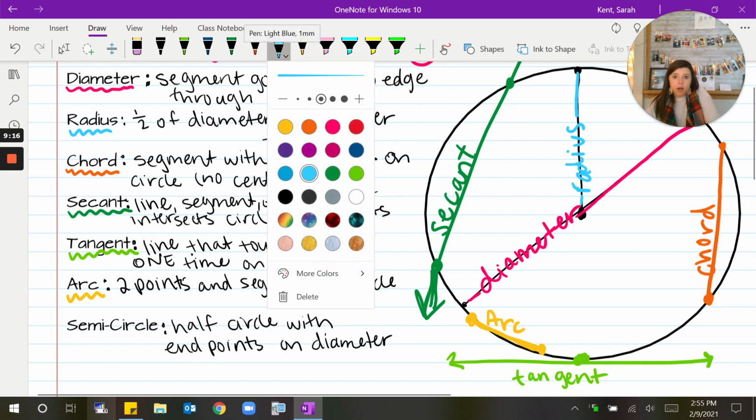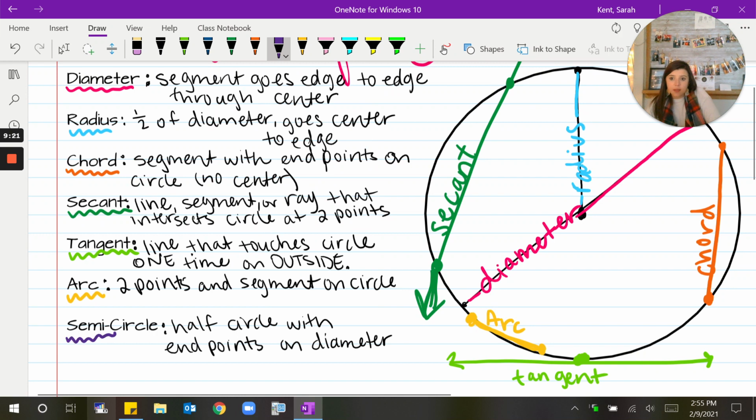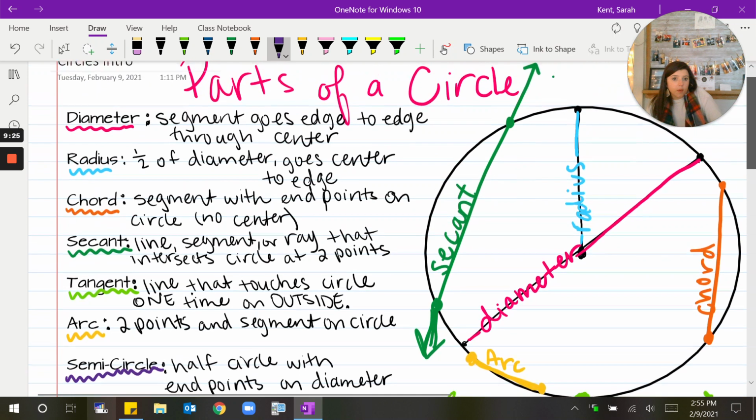So if we were to look for a semicircle, we want to start on one end of the diameter and end on the other side.